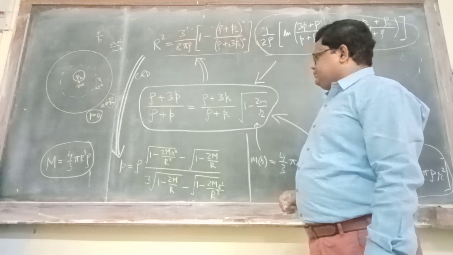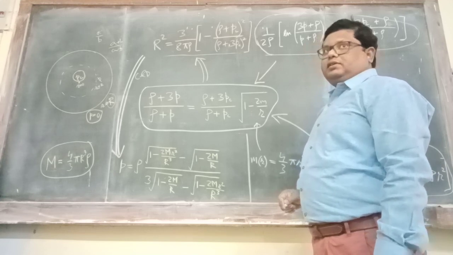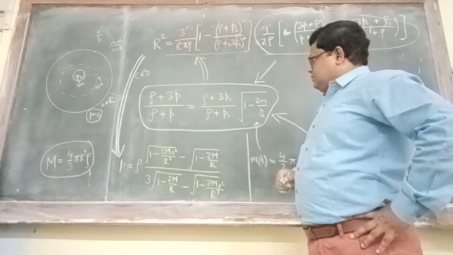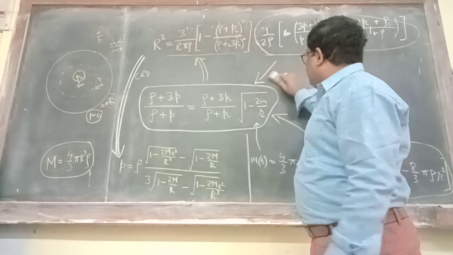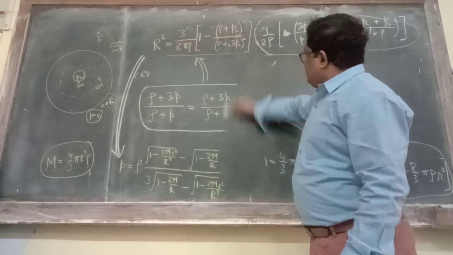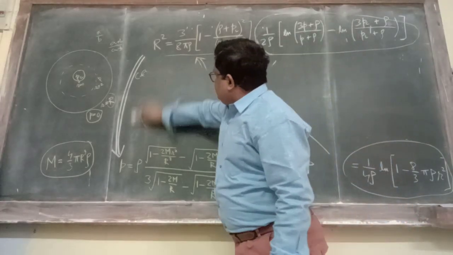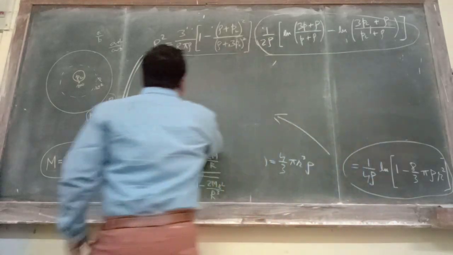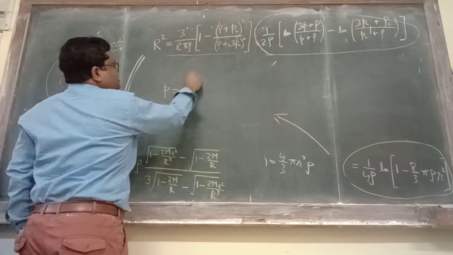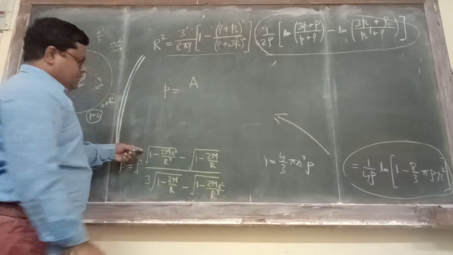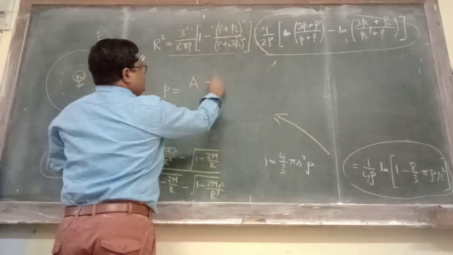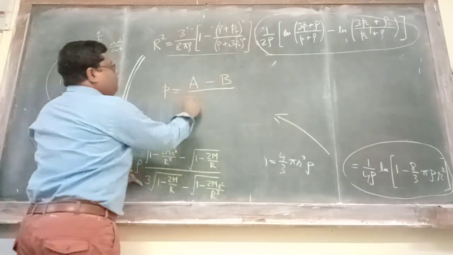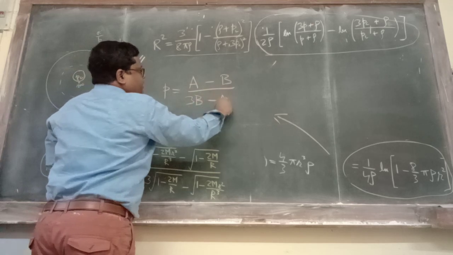Okay. Now this has got a very unique structure. If you look carefully, the structure is like this: P is equal to (sum A minus sum B) whole divided by (3B minus A).